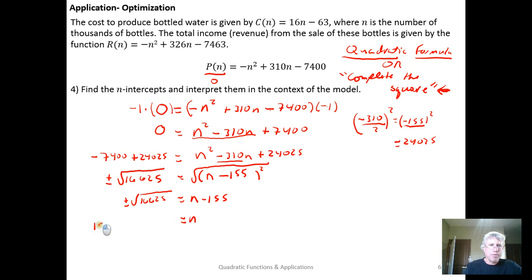So I'm going to have 155 plus or minus the square root of 16,625. And I can approximate these. So if I do 155 minus the square root, I get, what did that come out to be? That came out to be about 26.